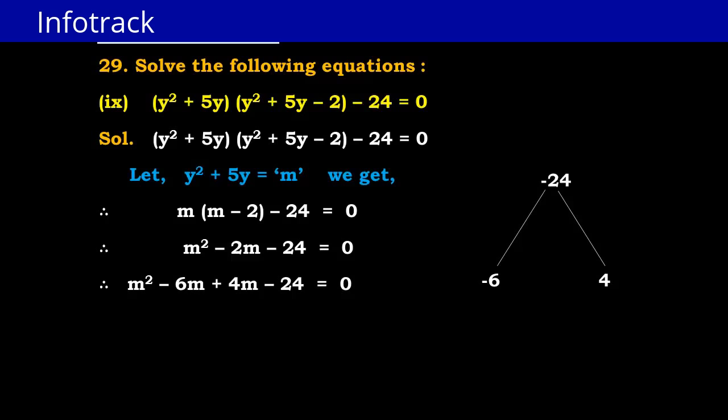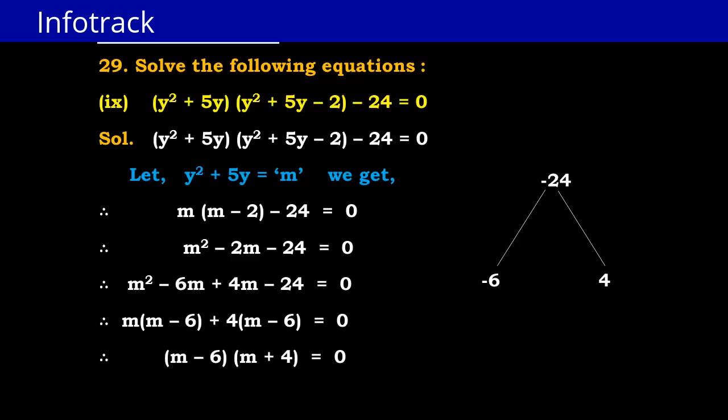From the first two terms we can take m common, in the second bracket we have m minus 6 plus 4 into m minus 6 is equal to 0. So m minus 6 is common. In the second bracket you will get m plus 4. So m minus 6 is equal to 0 or m plus 4 is equal to 0. Therefore m is equal to 6 or m is equal to minus 4.